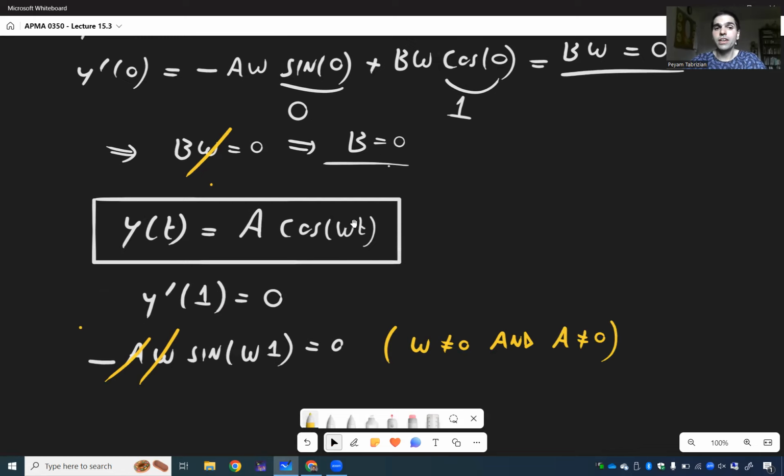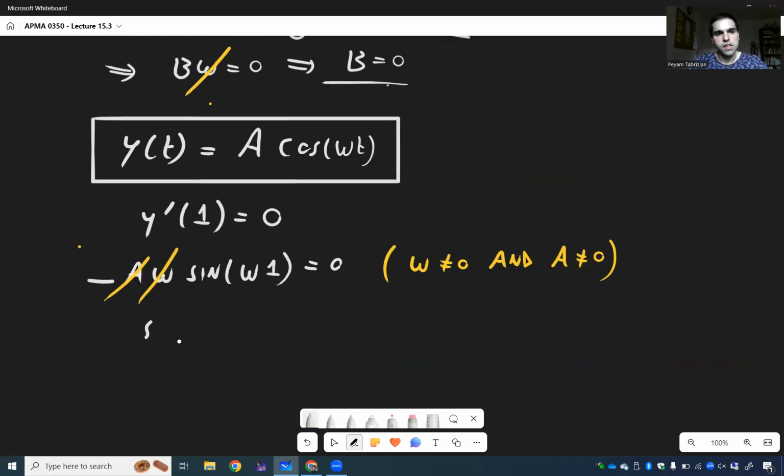A is non-zero because if a were 0, we would have the 0 solution. And so what we end up getting is sine of omega equals 0.